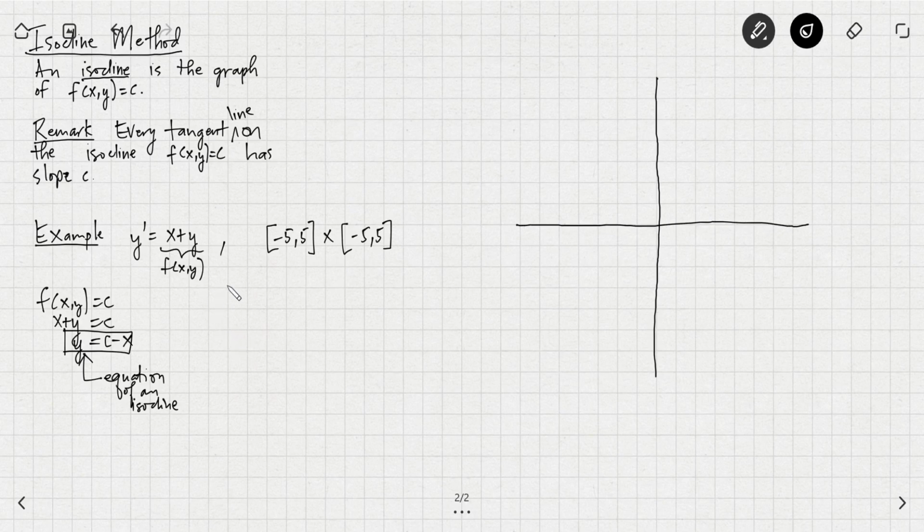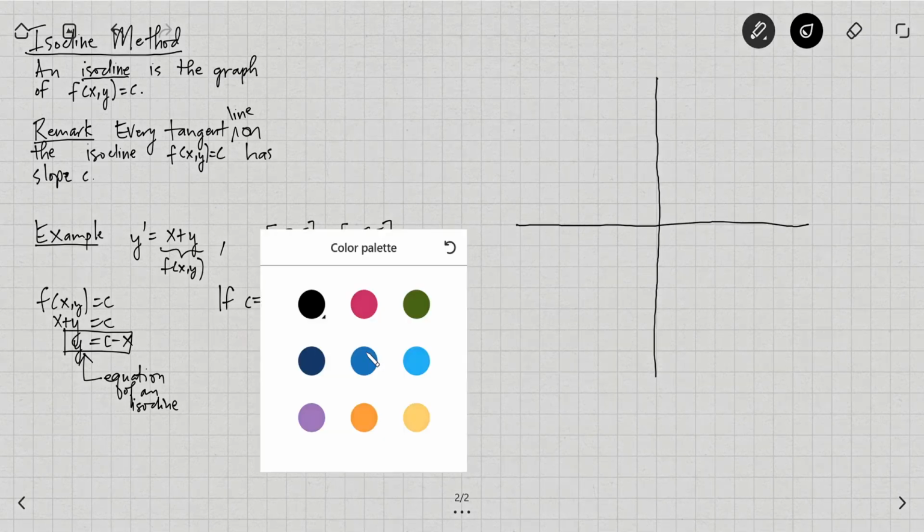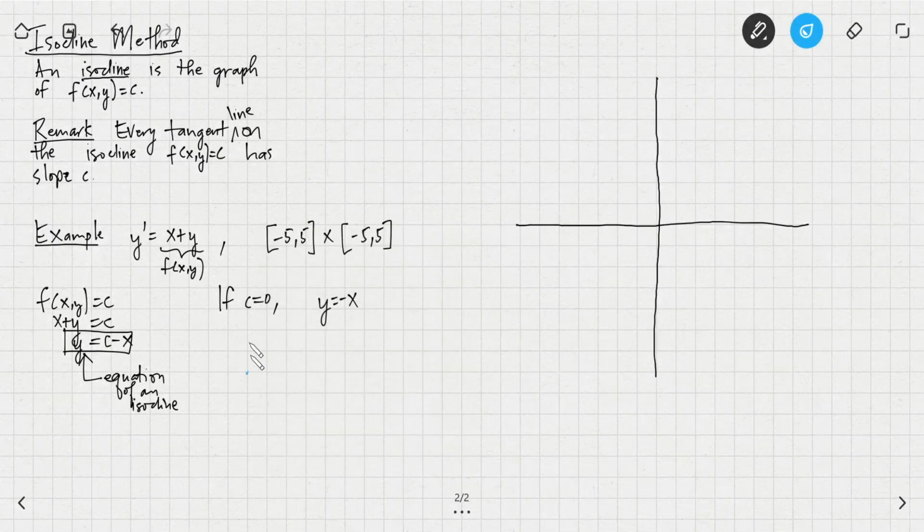Now, let's start with the isocline where c is equal to 0. So, if c is equal to 0, y is equal to negative x. Okay. So, our isocline is just the line passing through the origin with slope negative 1. So, ito yun.